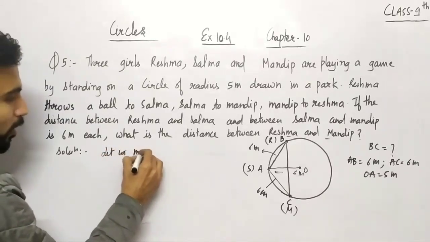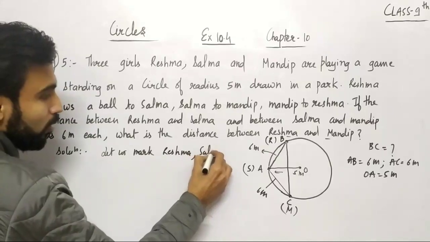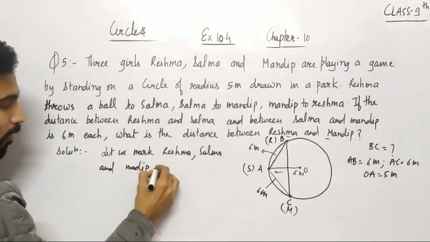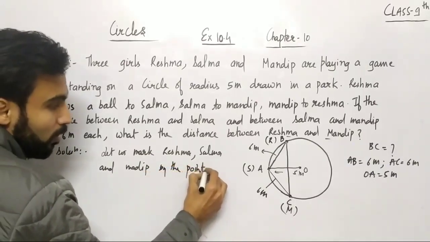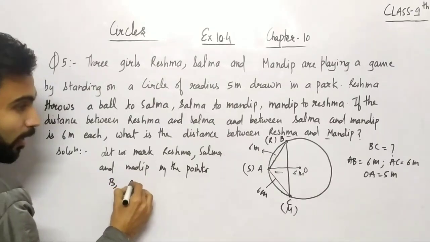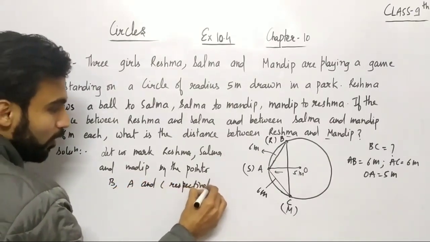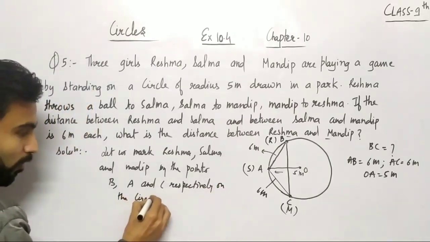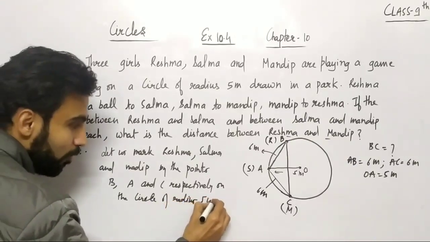So let us mark Reshma, Salma and Mandeep by the points B, A and C respectively on the circle of radius 5 meters, right?